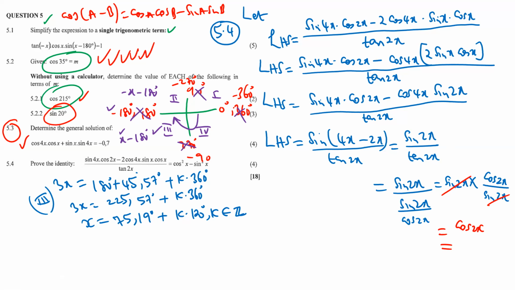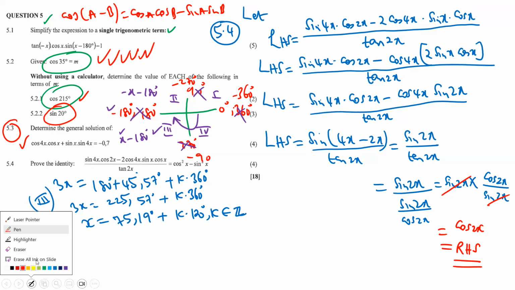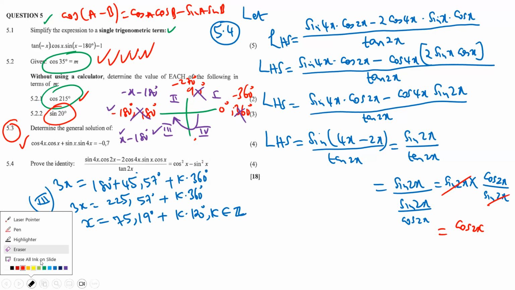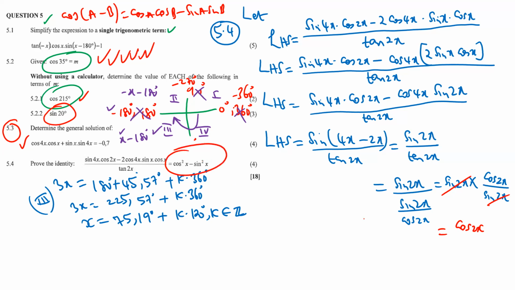Okay, right. So which is the right-hand side now? Not yet the right-hand side, because the right-hand side is cosine squared minus sine squared.